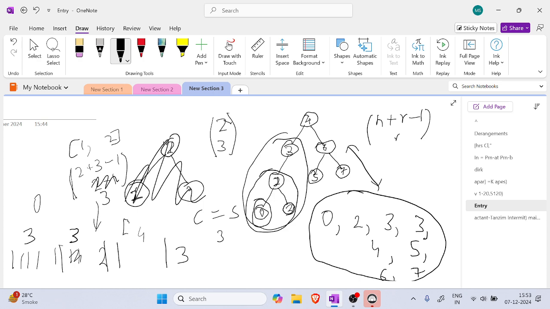As long as this is less than or equal to 2, it works out. Basically, this is a valid binary search tree, or this array is sorted. So yeah, that's basically it.